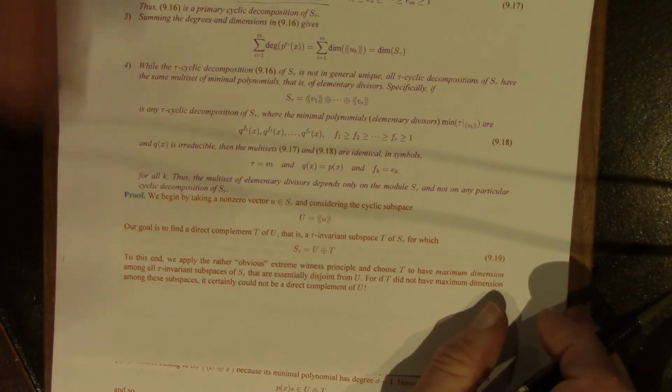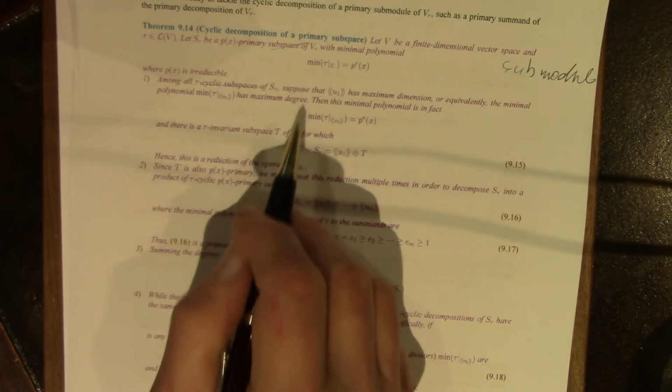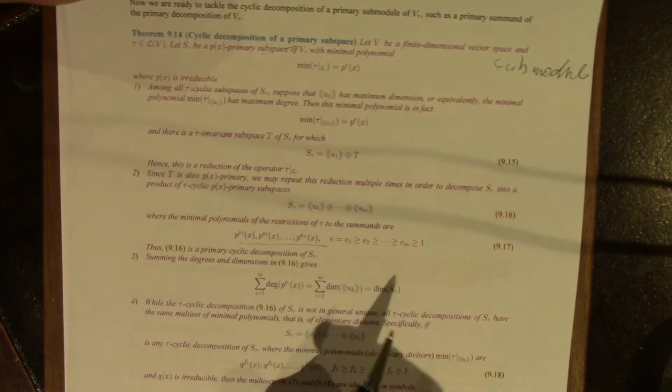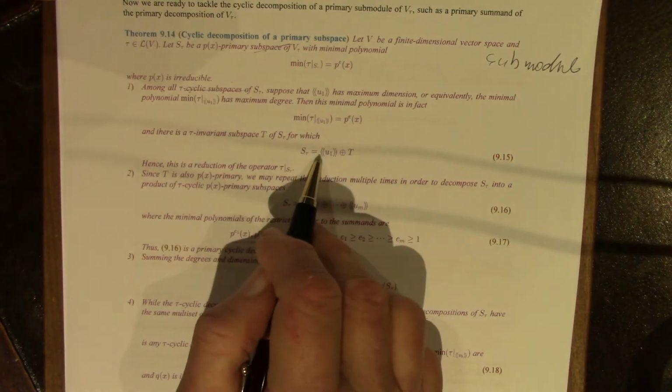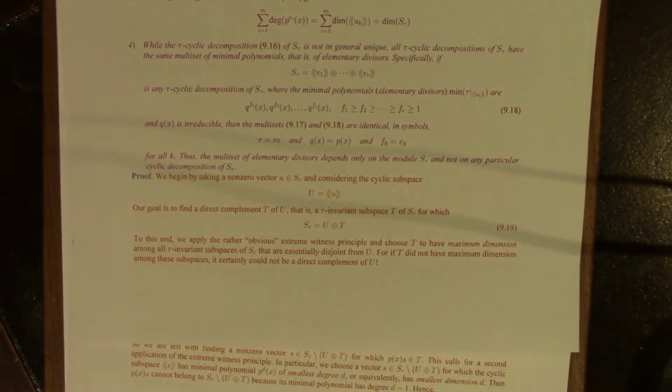So, proof. Part one is of course the most important part here. How do we break off a cyclic submodule? Okay, so as I said before, we're going to take this sort of as though it was the first time this was proven, and we're going to try to think through the process.